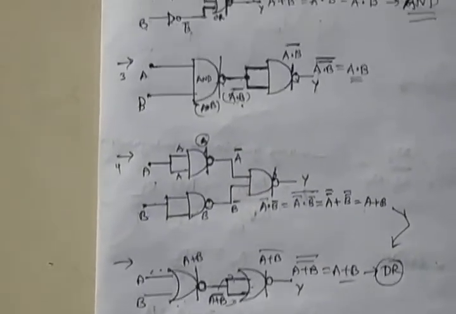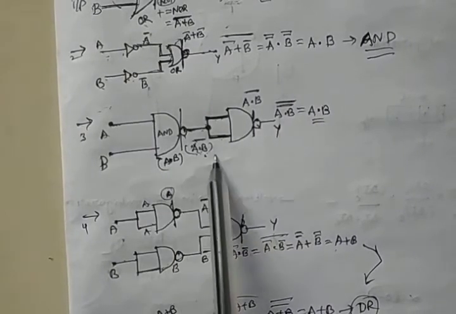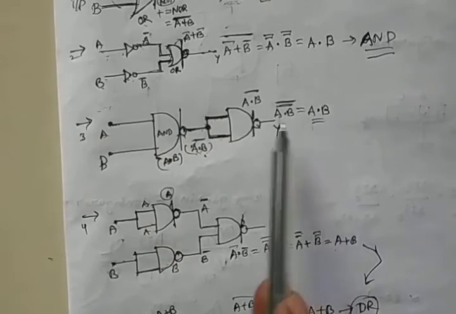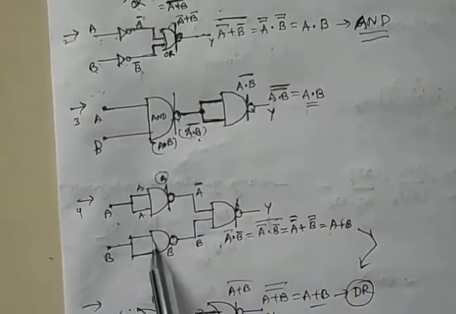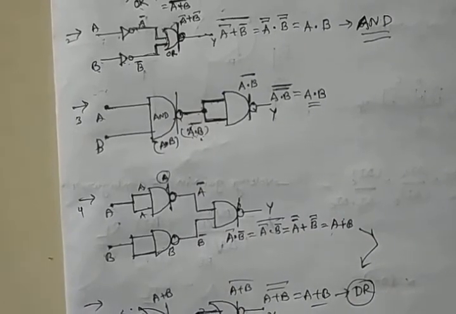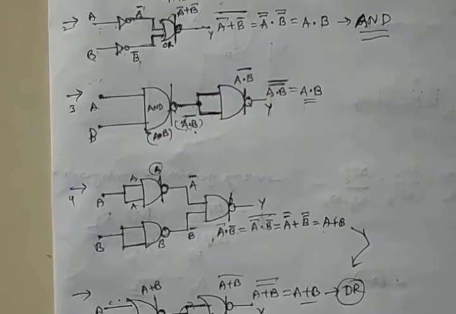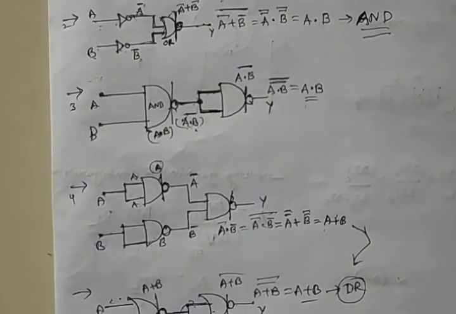This is the 1 skill bit, 3 skill bits. For the construction of AND gate, how many NAND gates are required? 2. For the construction of OR gate how many NAND gates are required? 3. This is how to identify the circuit and finally which gate it is.